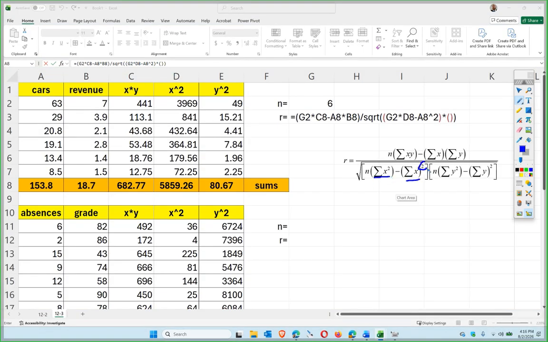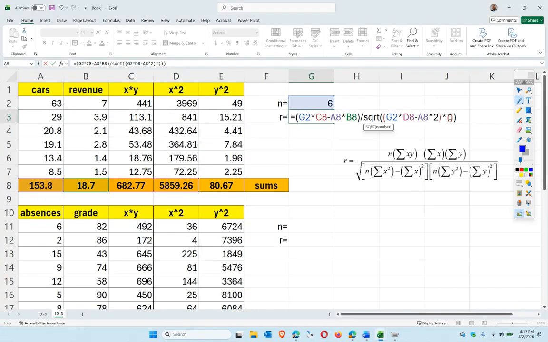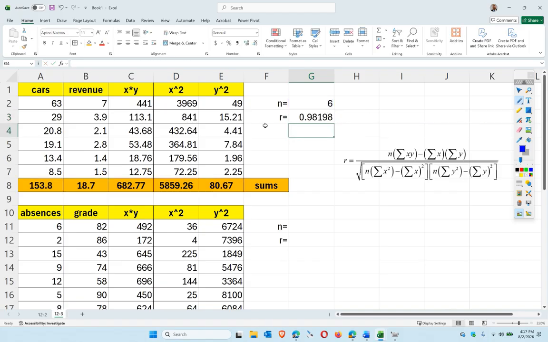No, this is the square of the sum of x, see how it's on the outside of the parentheses? It's not the same thing, because this is x squared and this is x. So what I'm doing is squaring this value, which is not the same thing as that. Okay, so the y part is n times sigma y squared minus sigma y, to the second. There we go, so 0.98.